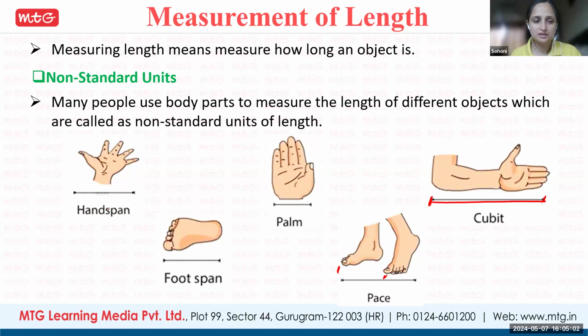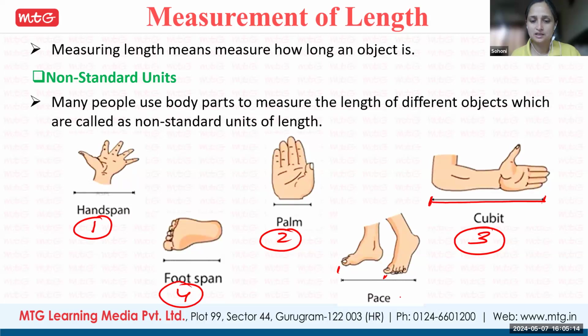So let's repeat once. This is hand span, then palm, then cubit, then foot span, and pace. So these are body parts which we can use to measure the length of any object.